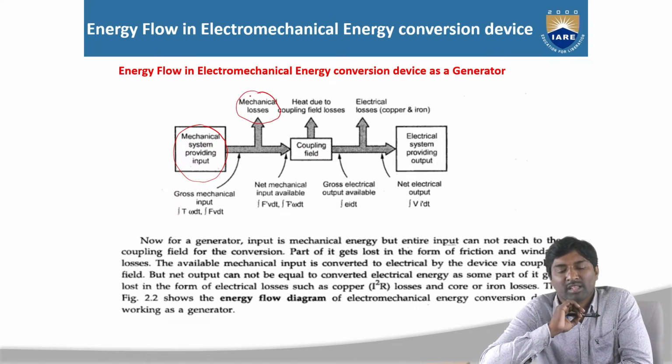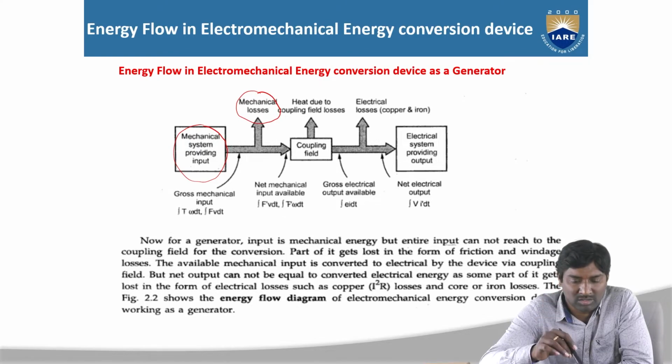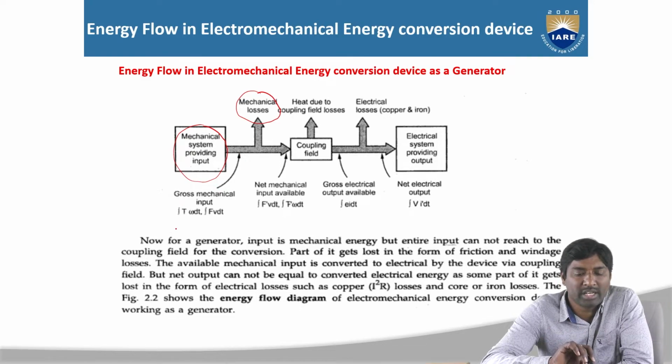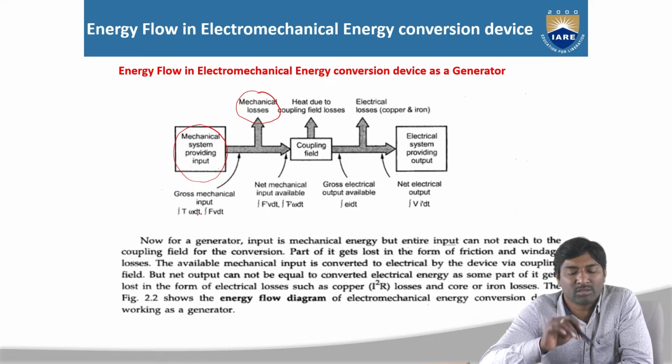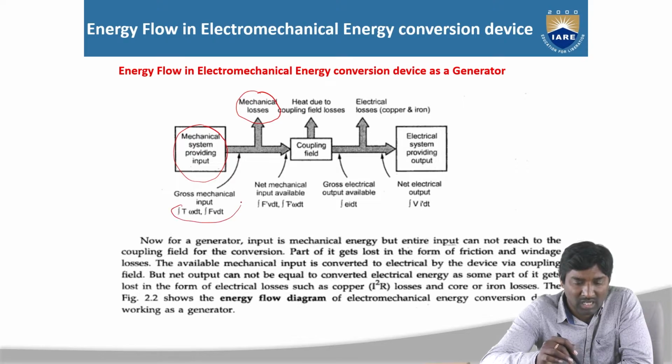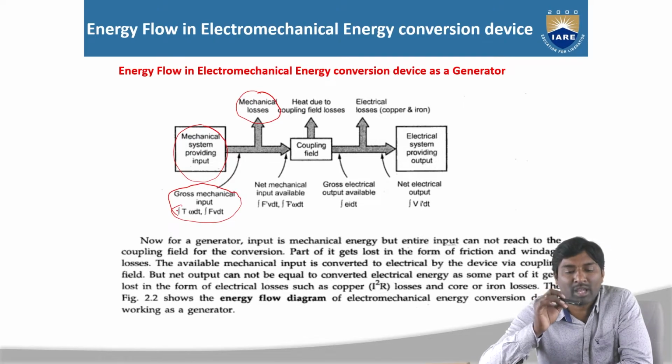The gross mechanical input is equal to the integration of T omega dt, or the integration of F V dt, where T is the torque, omega is the angular velocity, F is the force on the conductor, and V is the velocity of the conductor. This is the gross mechanical input I am giving to the generator.